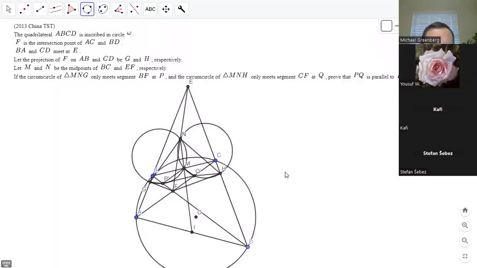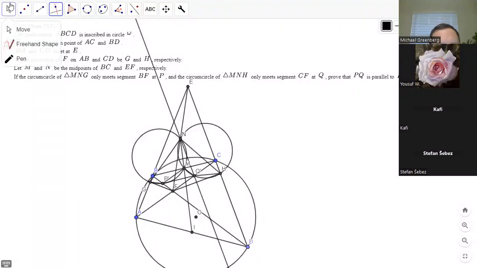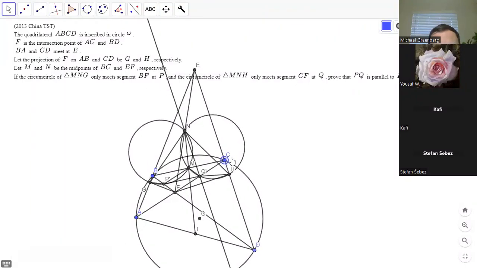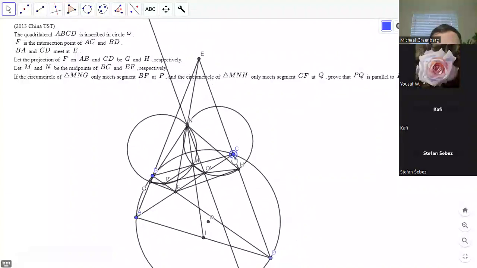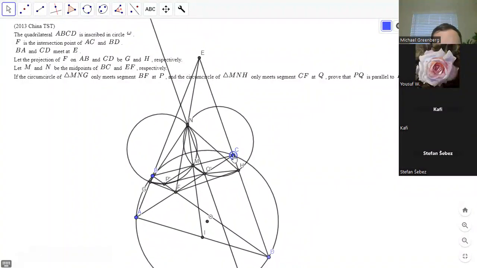Wait, is NQ prime perpendicular to FH? You said that, or I'm hallucinating. No. But it looks like it's true. I don't know why.